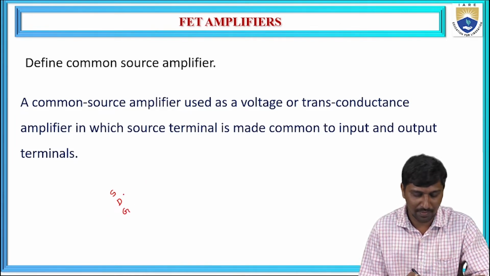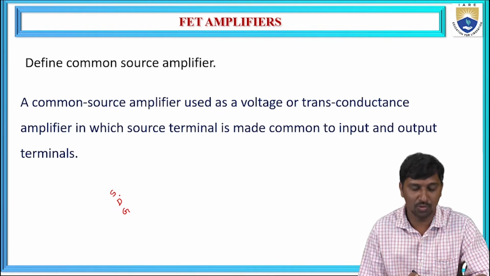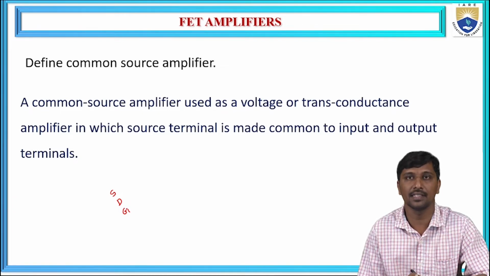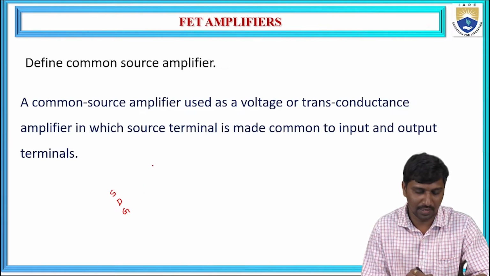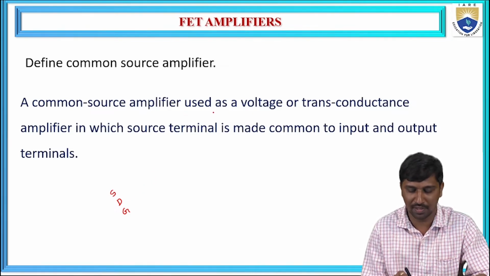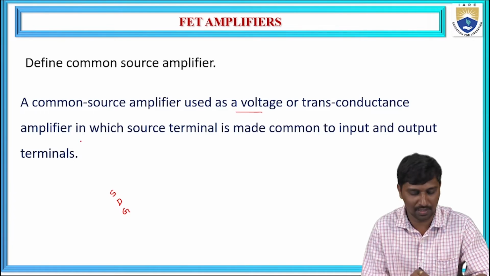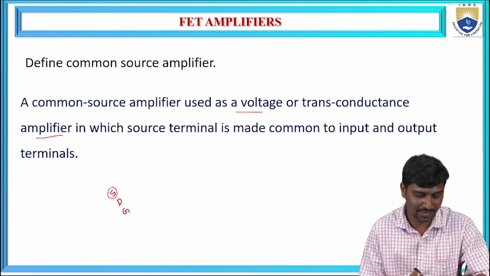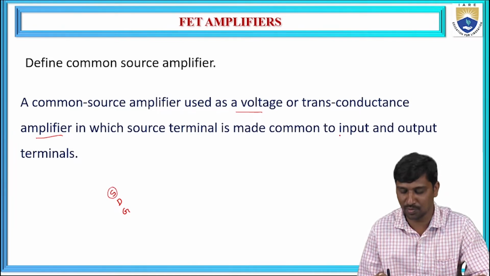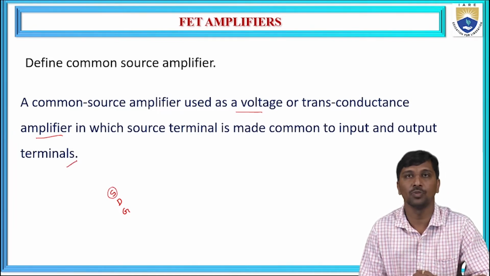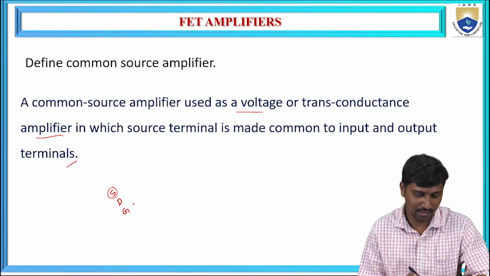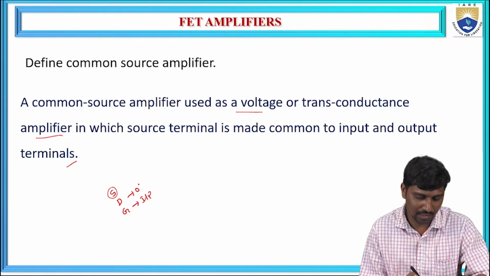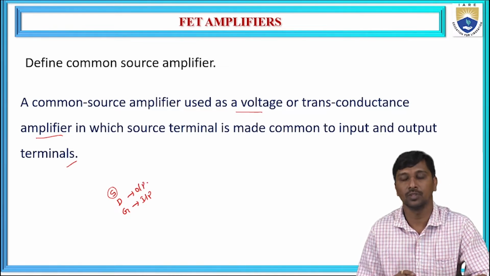In this case, the source is common to the drain side as well as the gate side. A common source amplifier is also used as a voltage or transconductance amplifier, in which the source is common for the input side as well as the output terminals. When the source is common, the gate acts as the input and the drain is considered the output terminal.